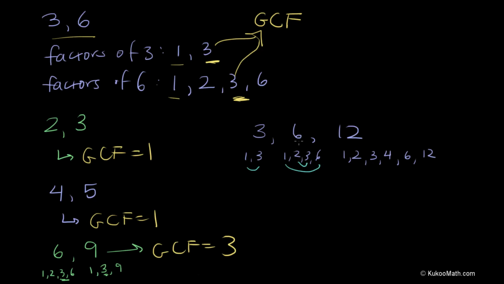So 1 and 6 gets you 6, and 2 and 3 multiplied together also equals 6. And for 12, you'll notice that 1 and 12, 2 and 6, and then 3 and 4. This is a great way to check if you've gotten all of the factors when you're trying to list them out in your head.